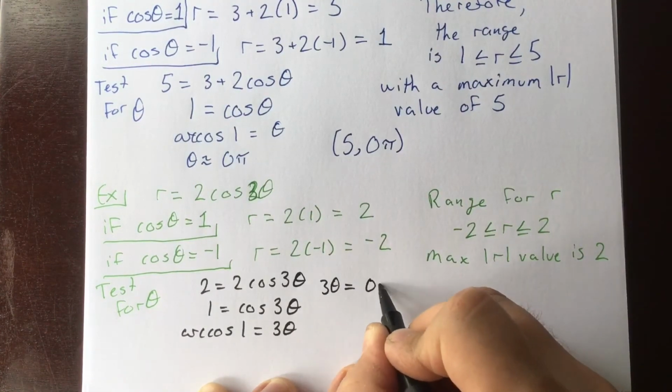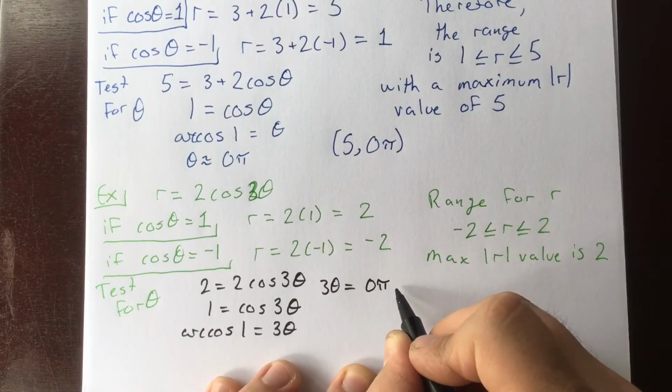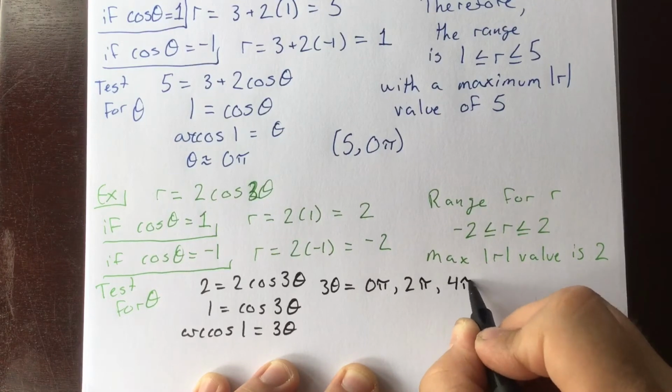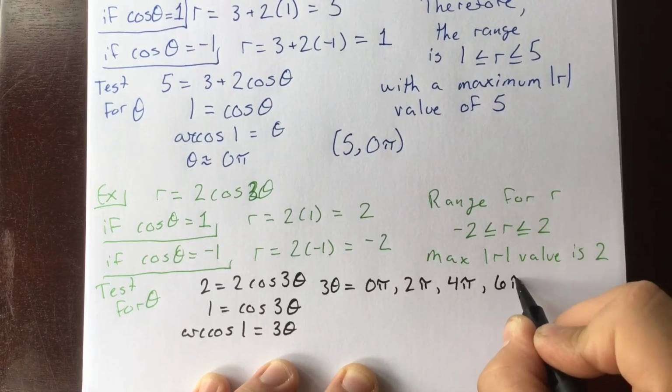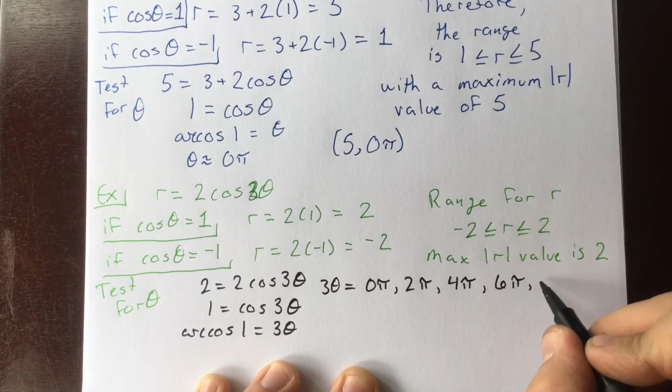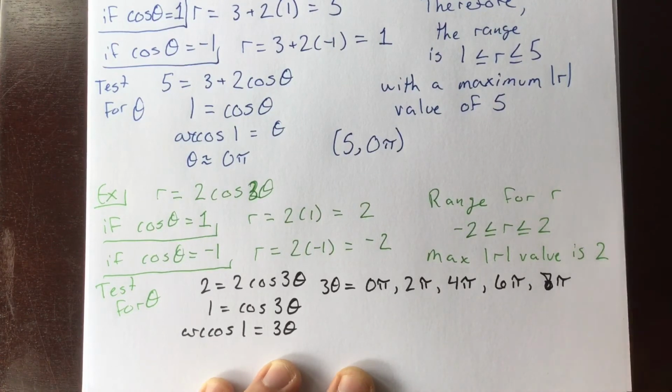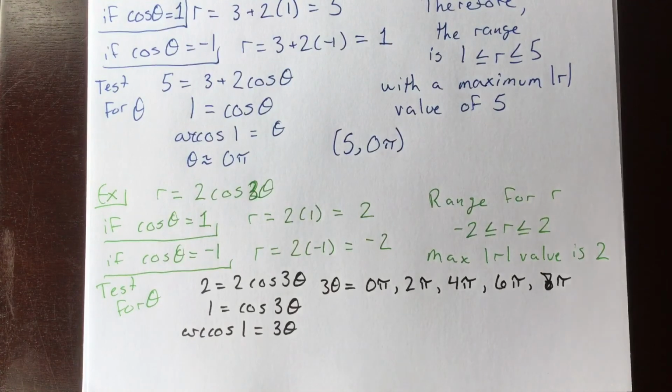Okay, so 0. Cosine's 1 at 2 pi, at 4 pi, at 6 pi, and let's say 8 pi. So you might be asking, why did you go all the way out that far? I mean, isn't it just 0 pi and you're done?